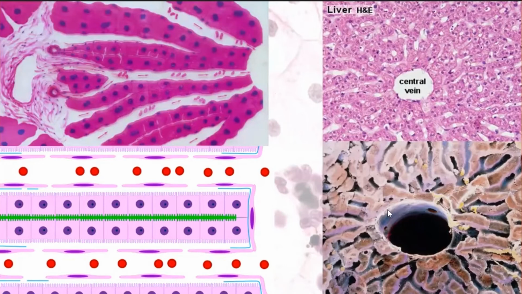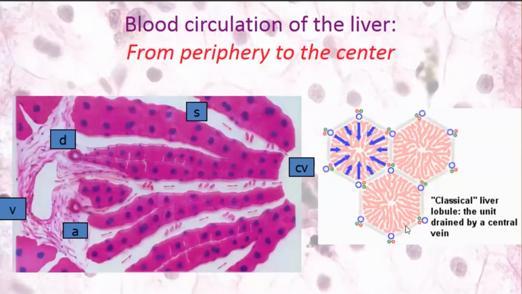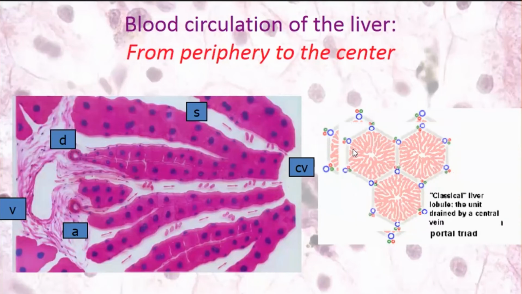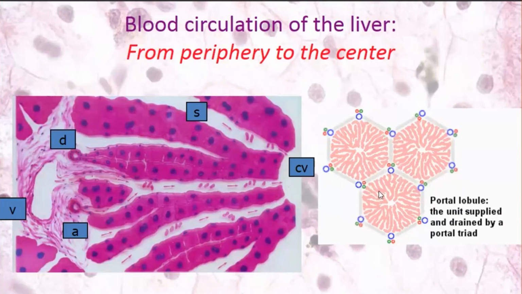And here we can see the beginning of the central vein. There are hepatic plates composed of hepatocytes, and there are sinusoids which open here. So blood circulation of the liver goes from the periphery to the center of the hepatic lobule. And bile goes from the center to the periphery.